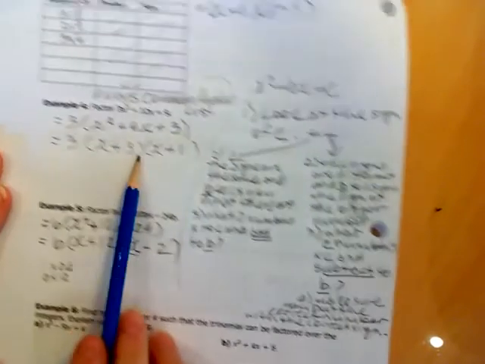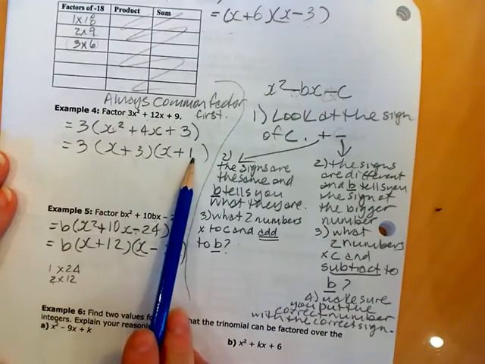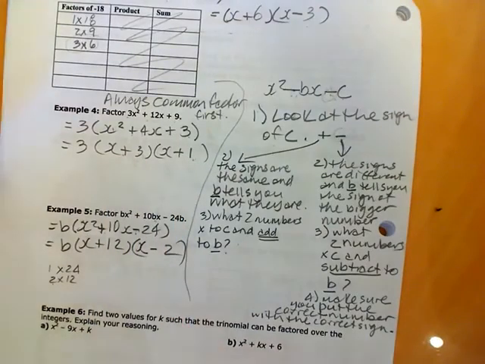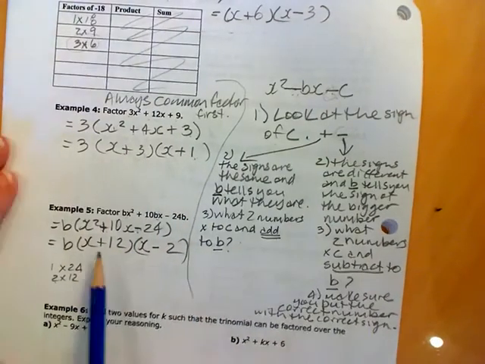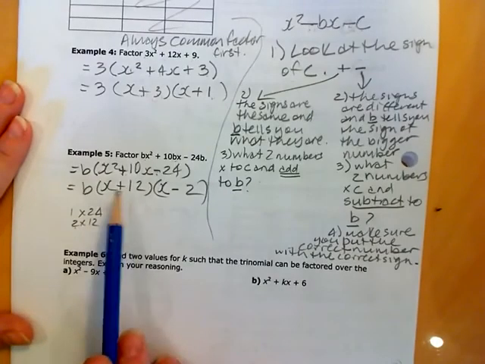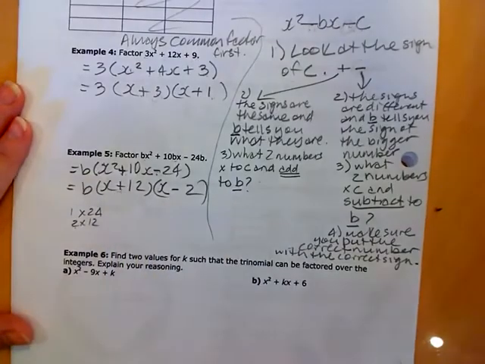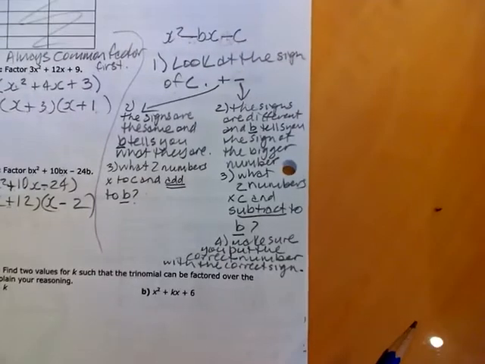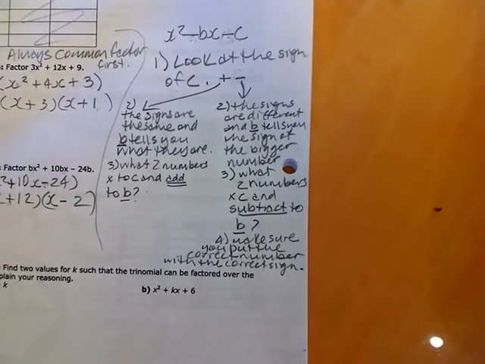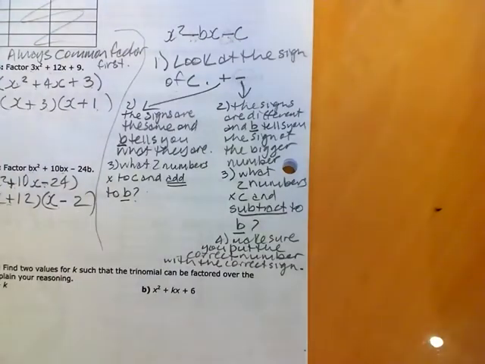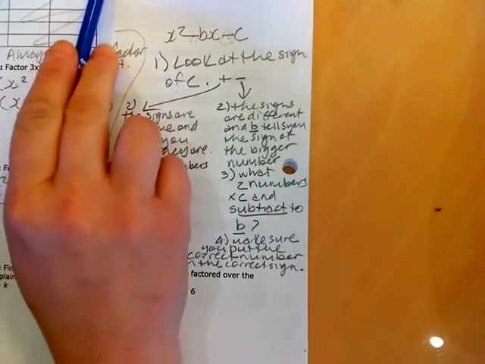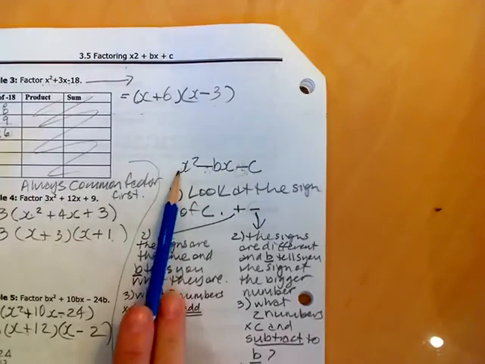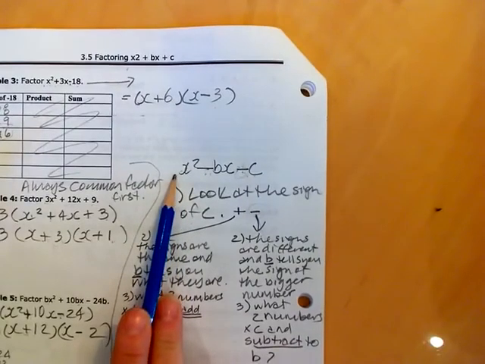If you put x plus 1 and x plus 3 or x plus 3 and x plus 1, it doesn't matter because they're both the same. When the signs are different, it makes a difference if 12 goes here or 12 goes here. So this is your checklist, or your roadmap, if you will, of how to do factoring when you have a 1 in front of your x squared.